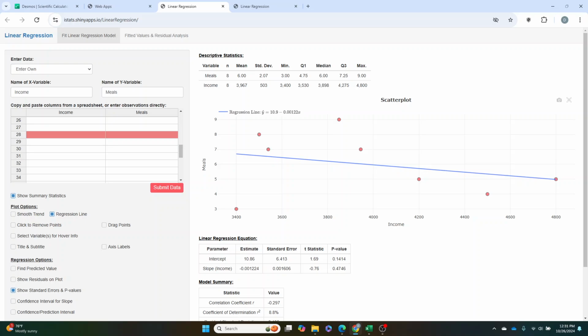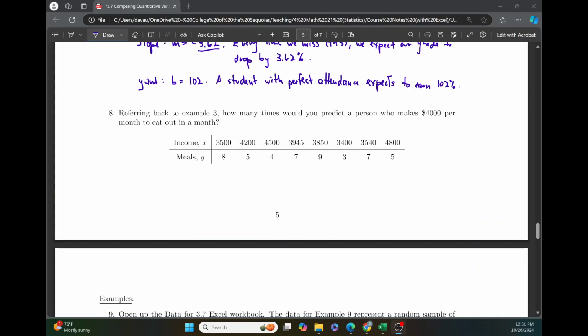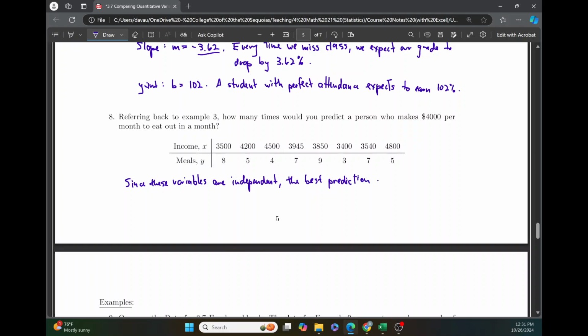So let's write that down. Since these variables are independent, the best prediction we can make is that y hat equals y bar, right?